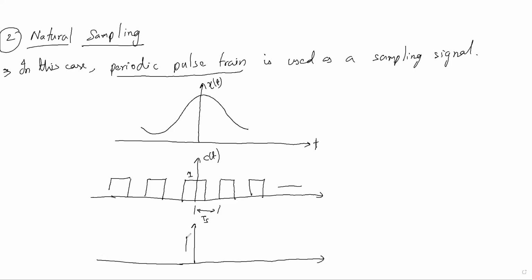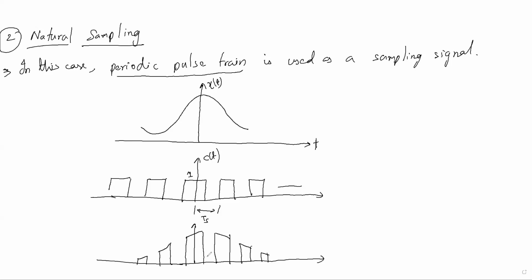When you multiply this signal, the representation would be like this. The amplitude would be similar to the message signal. That's why it is called natural sampling. And the width of each of these rectangular pulses would be the same.